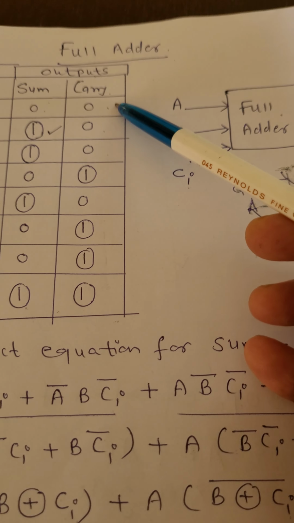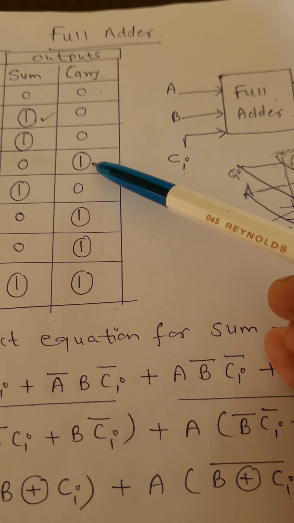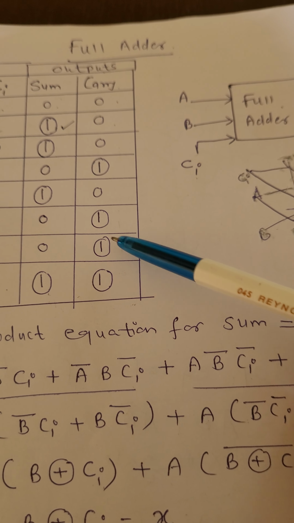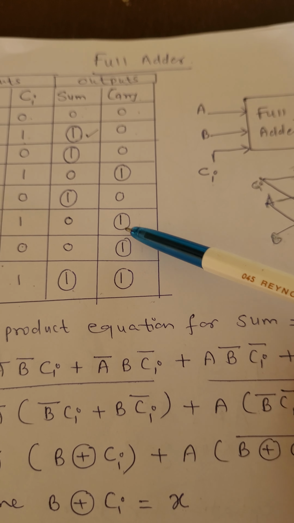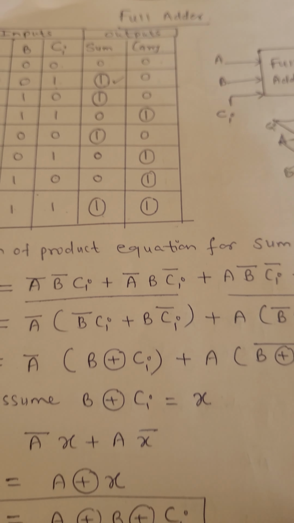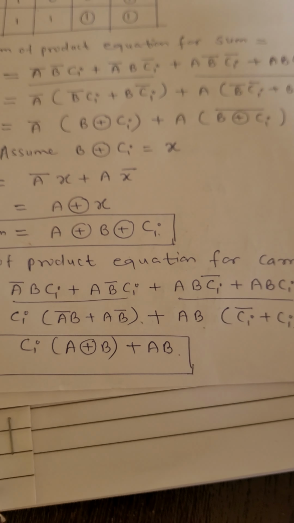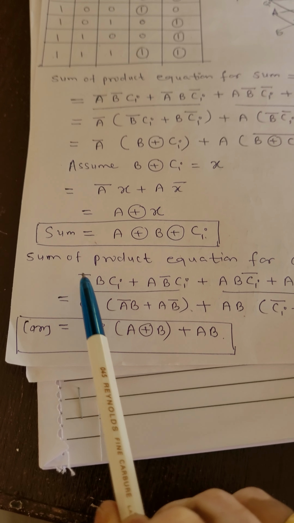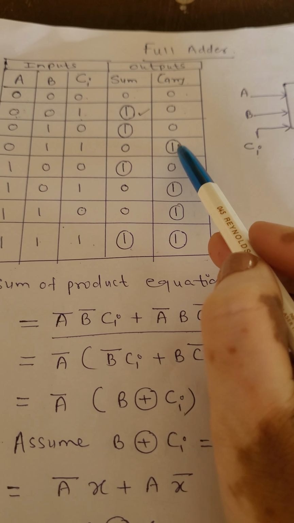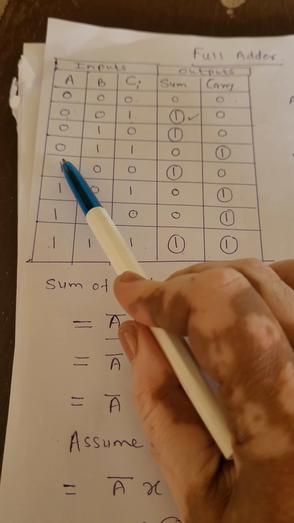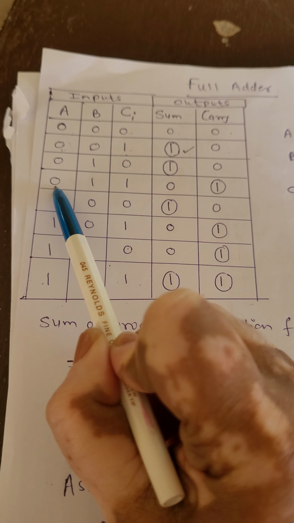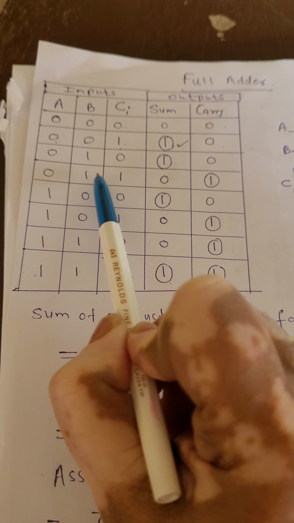So for the carry now we have to do carry also. How many times is it high? 1 2 3 4. I have circled those things. Now again I have to write the product terms for all those 4. So this equation I have kept ready. Let me explain the first term. The corresponding term is, this is A, this is 0, this is 1, this is 1.